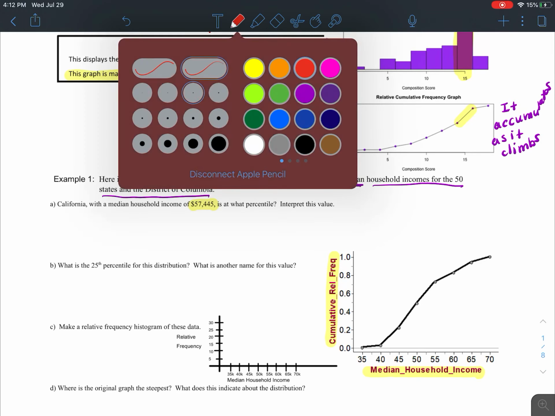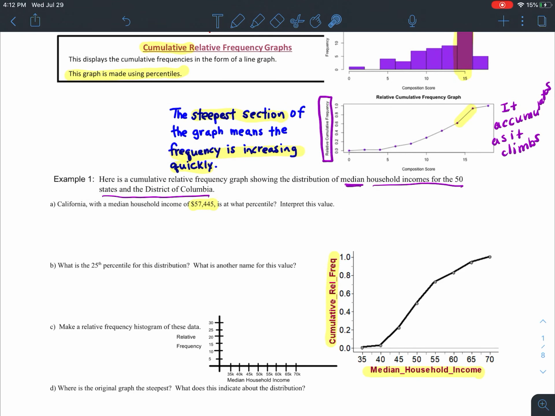Okay, so what you're going to do is come along the x-axis and roughly estimate where 57,445 is. We're going to say roughly that's right about there. Then I want to figure out where that point is on the y-axis.